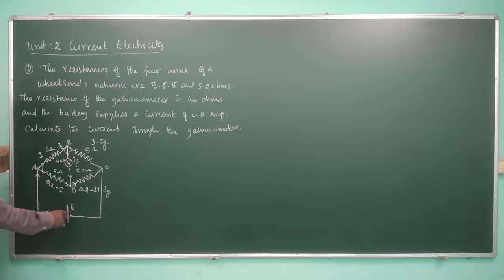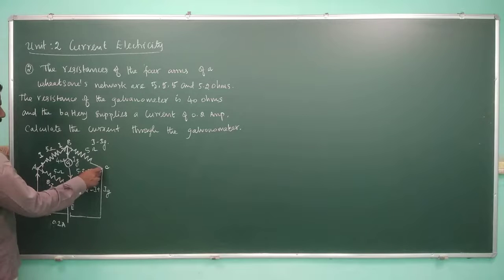This current starts at this point and flows in this loop. At node A it divides into two branches, and the first branch goes to point B through the 5 ohm resistance. At point B it divides again: one part goes through the galvanometer, the other through the 5 ohm resistor. The second branch and the branch from the galvanometer join at point D, and the current goes towards C.